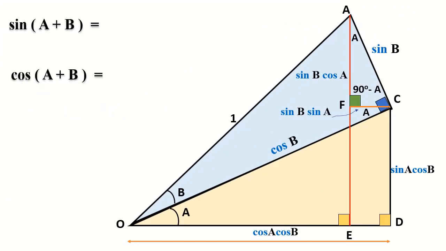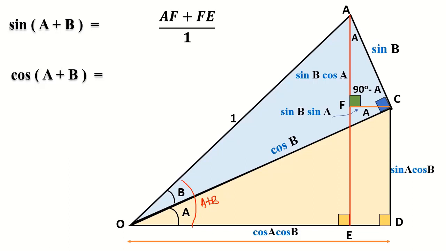Okay, well, we are actually just about ready to give our proof now. Look at the triangles OAE. Here is the angle of A plus B. So we will have the sine of A plus B equivalent to AE over 1.